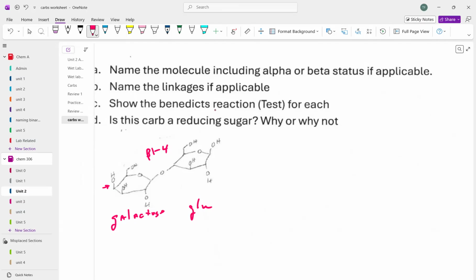So this ends up being beta lactose. All right. Name the linkage, beta 1,4. All right.